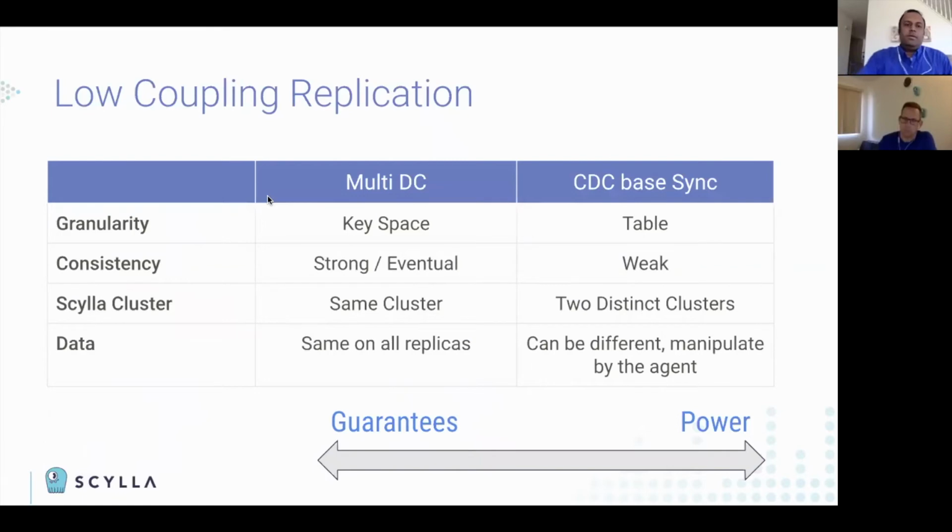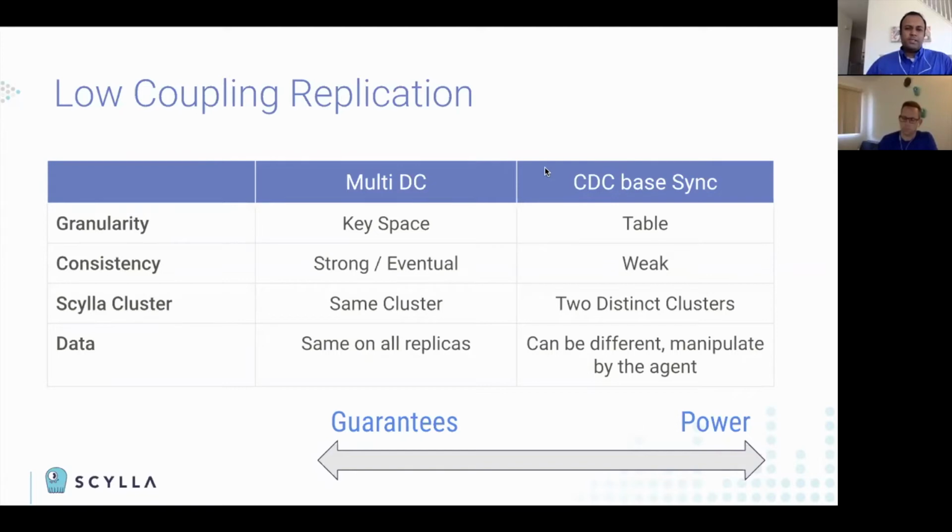Another small detail, which we already spoke about, is multi-DC based sync using Scylla versus a CDC based sync. Typically CDC is at a table level. The consistency is weak, and it depends from use case to use case.